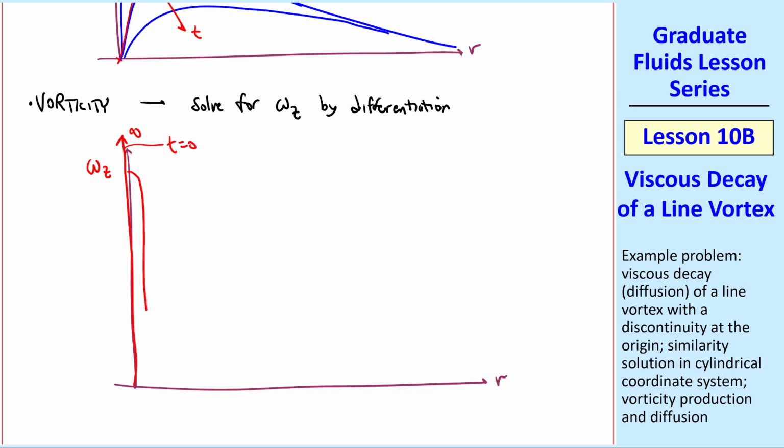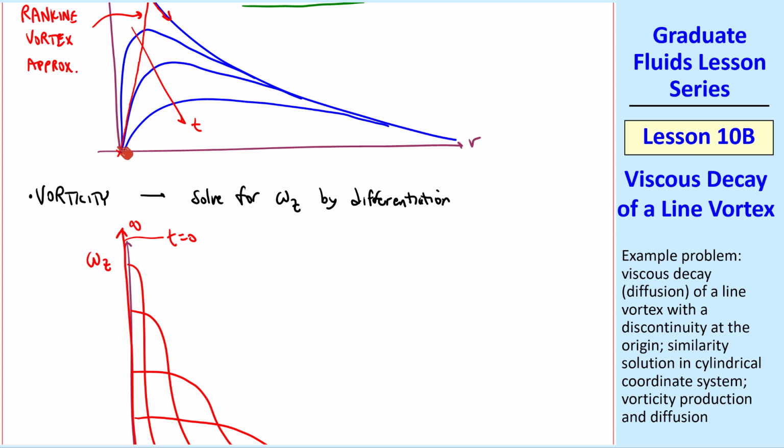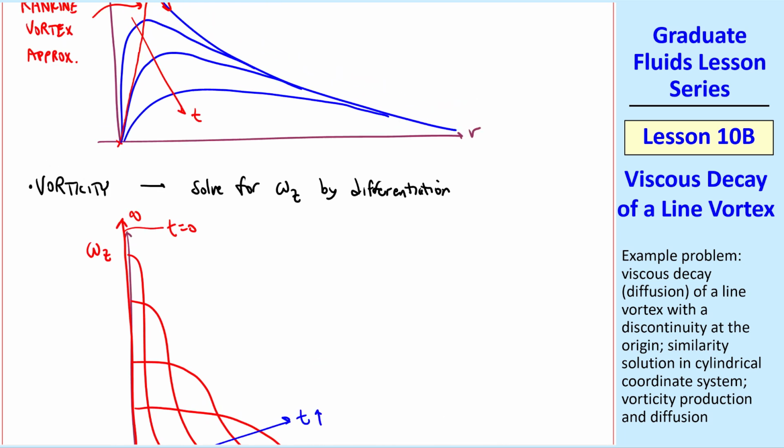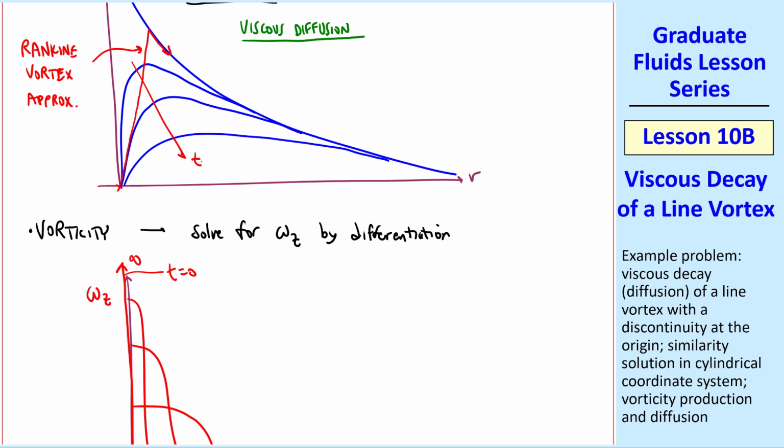But as time increases, the curves start to spread out and decrease in height, as sketched here, with 0 slope near the origin, corresponding to solid body rotation near the origin. So we see a spread of vorticity, or a diffusion of vorticity, as time increases, corresponding to the spread of the velocity profiles as time increases.